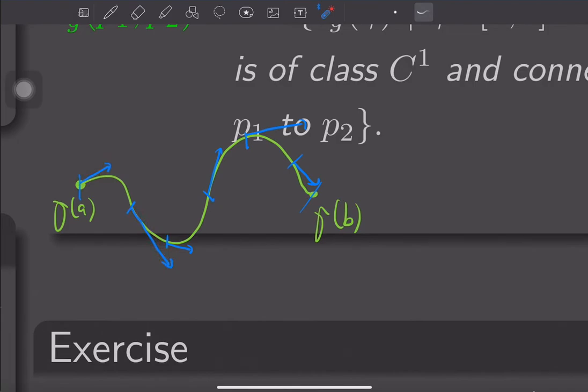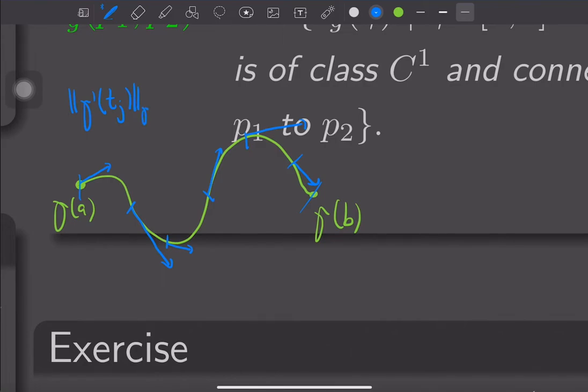Then, as in calculus, this length can be approximated as the norm of this tangent vector, gamma prime of t, in this case t0, and for any of these points, tj.